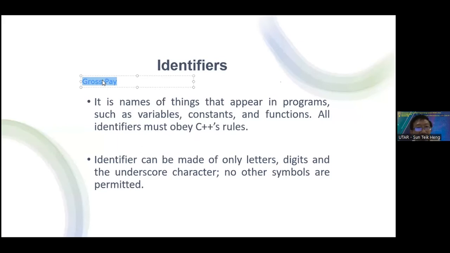They say that identifier names cannot have a space between them. It can be made up of only letters, digits, and underscore. No other symbols are permitted. So this space symbol in between is not permitted. Like that is correct: you can give gross pay as the identifier name. This is a good one.